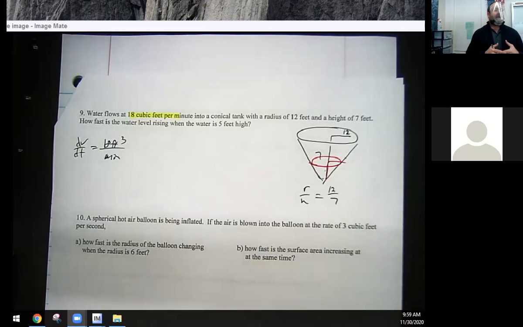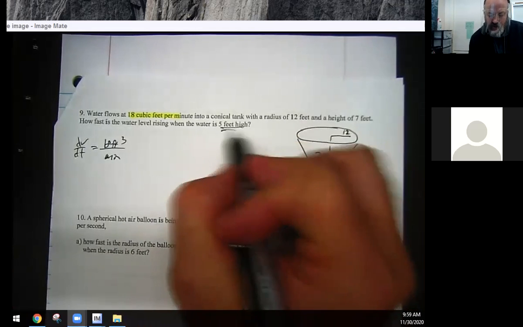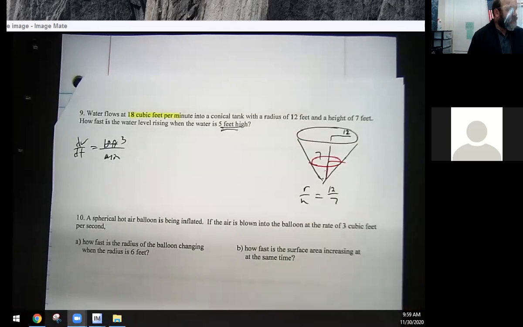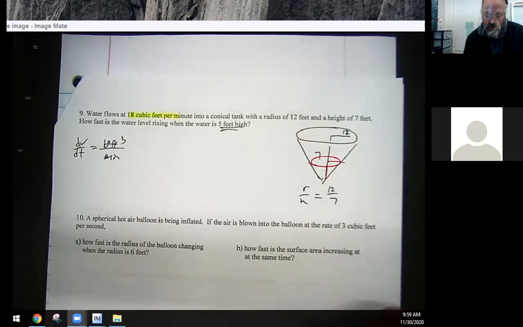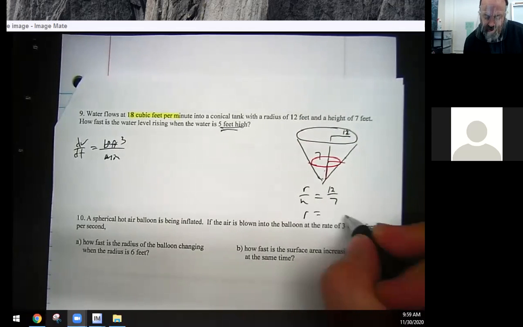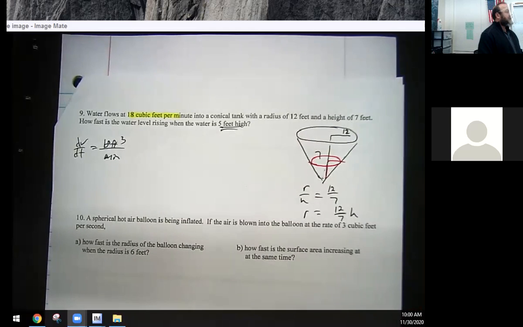That gives us a couple of very helpful things. It mentions the height, so I'd like to get rid of the radius if I can. I know the radius is 12/7 h if I cross multiply.